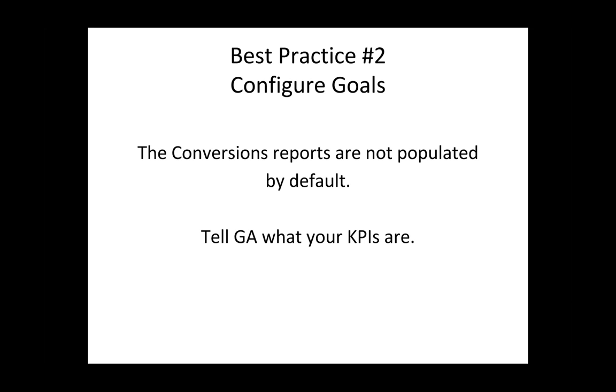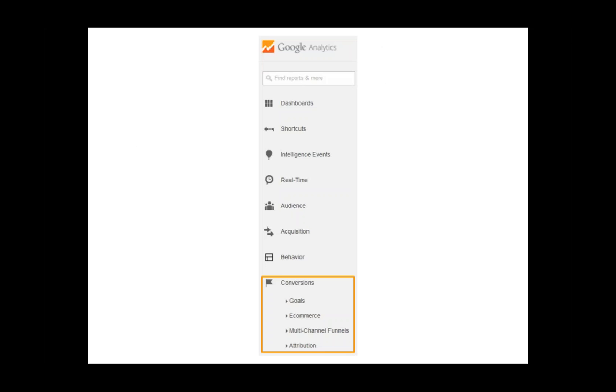So you want your goals to align with what's most important to you organizationally. And again, that could be big successes, or it can be smaller successes as well. If you are an e-commerce site, you could track your transactions as e-commerce conversions, and in addition to that, you could track something like a newsletter sign up as a smaller success as well.